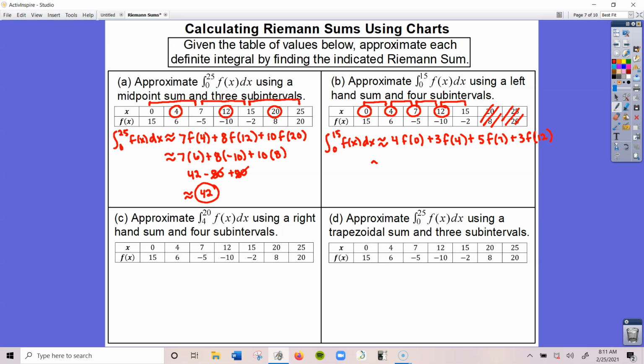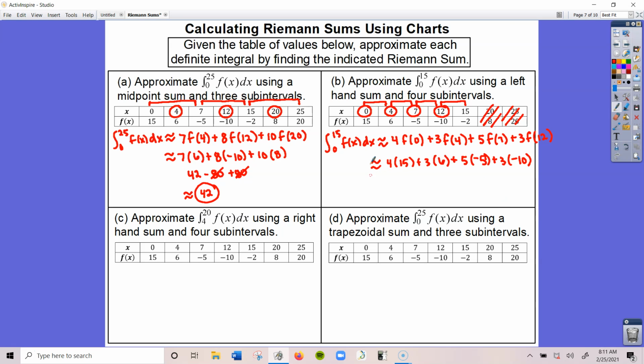Now we're going to plug in those values. So 4 times f of 0, which is 15, plus 3 times f of 4, which is 6, plus 5 times f of 7, which is negative 5, plus 3 f of 12, which is negative 10.